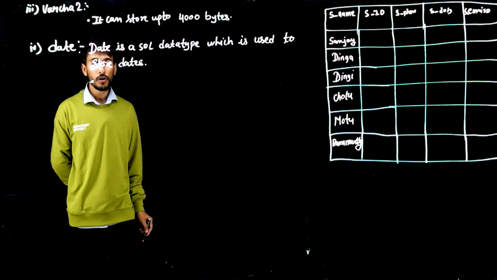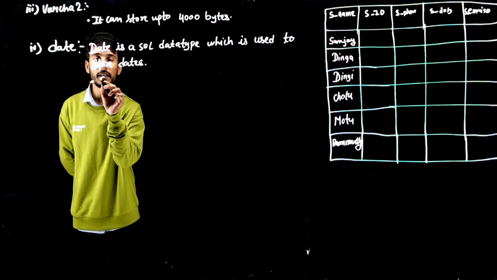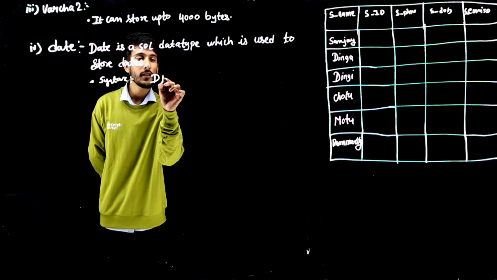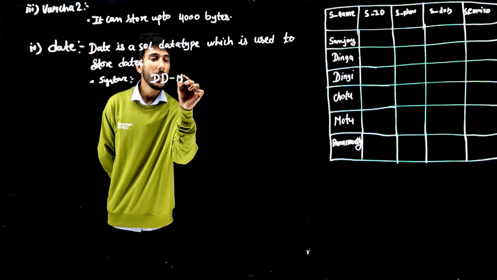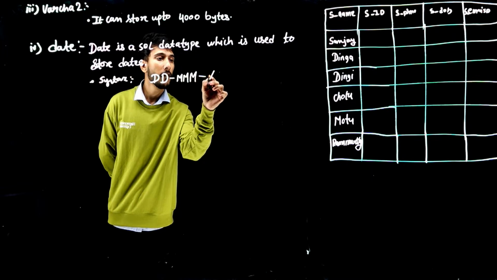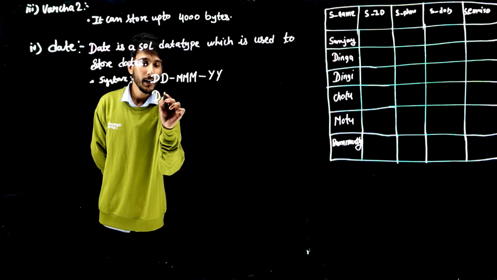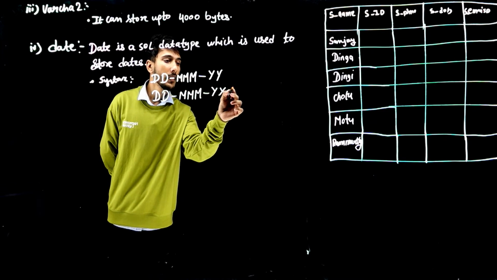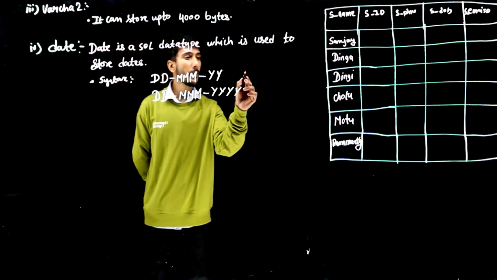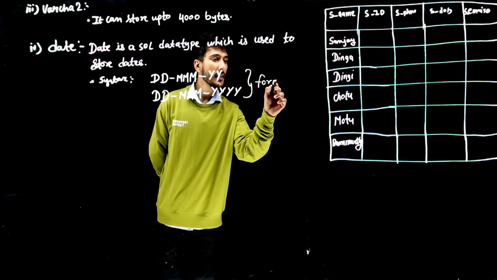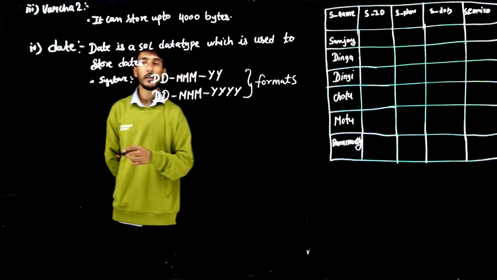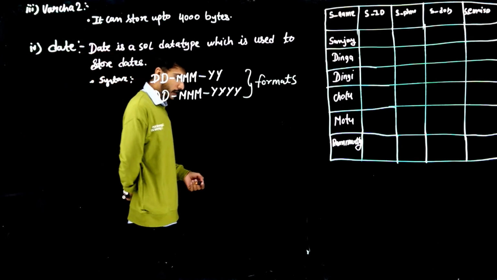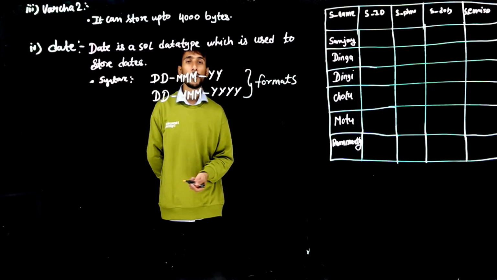Since we will be working on the Oracle database, according to Oracle the syntax or format will be DD-MON-YY or DD-MON-YYYY. These are the two formats in which we are going to store dates. So date is a data type which is going to store dates, or specify the type of data as date.